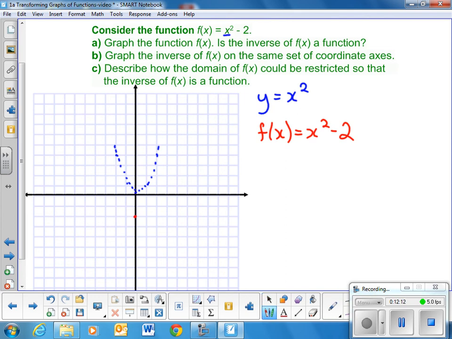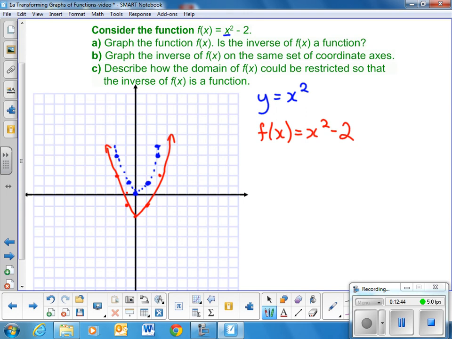So I put my key points in here, 1, 1, 2, and 4. There's 2 and 4 is there. So there's my key points. If I move each of those key points down 2, I end up with this being the graph of f of x.